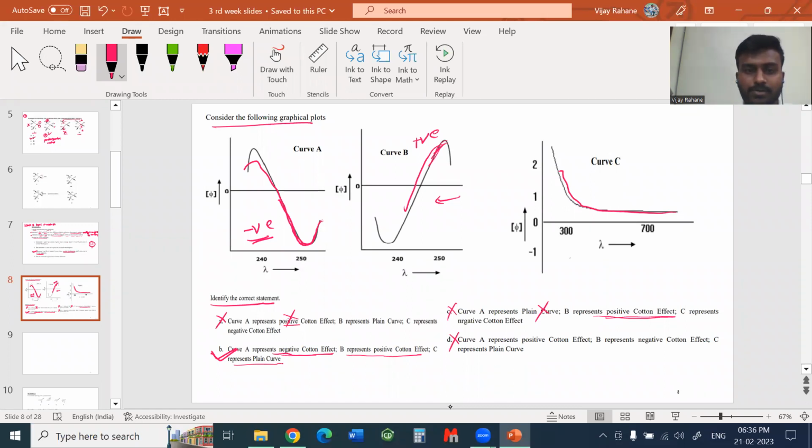So this is a simple problem based on the Cotton effect. We just need to look at the graph, and by looking at the graph, we can easily identify which Cotton effect this example belongs to, right?